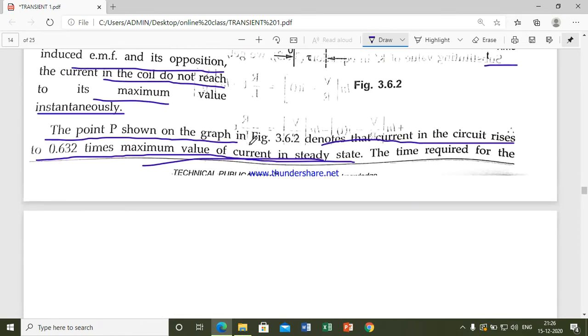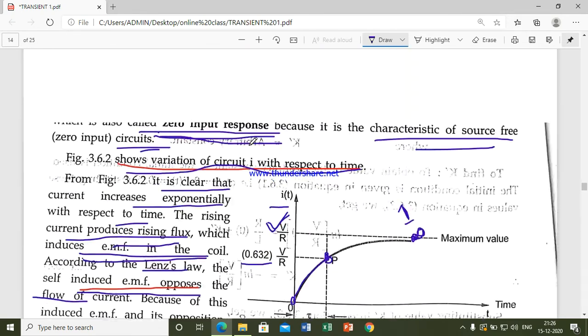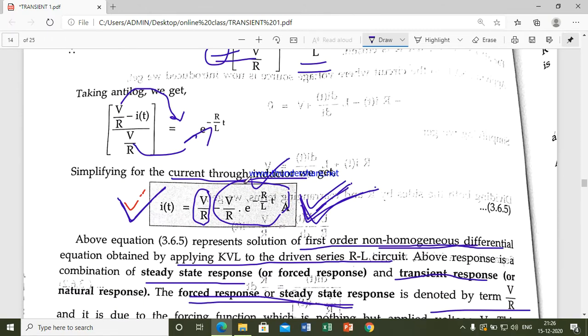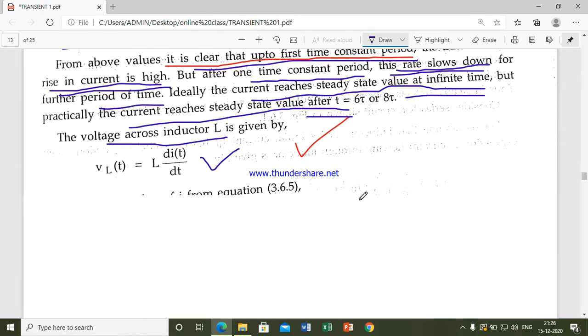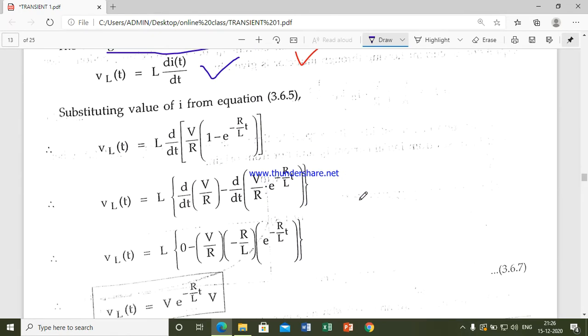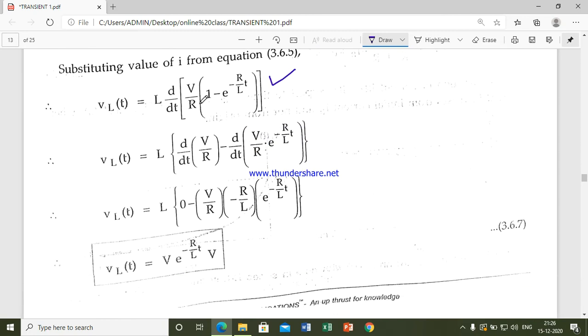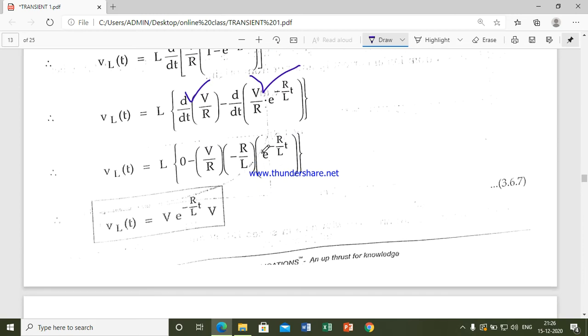So look at this I of t, what you got: I of t equal to V by R minus V by R into e raised to minus R by L t. Now take V by R outside and write down the expression for I of t. Do the differentiation for the first term and second term independently. Differentiation of a constant is 0, so for the first term it is 0.